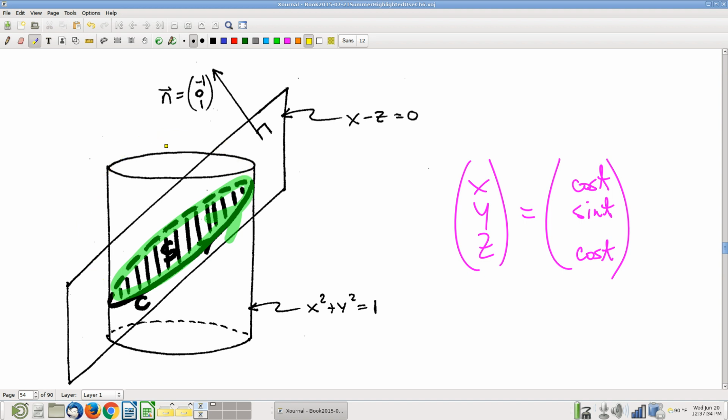Or if I wanted to get weird, I could say it's the boundary of this: take a glove. When you put your hand in a glove, the glove is a surface, and that surface has a boundary, which is the hole that you put your hand through. You could arrange the glove so that hole is this curve. So this curve is the boundary of that surface, too.